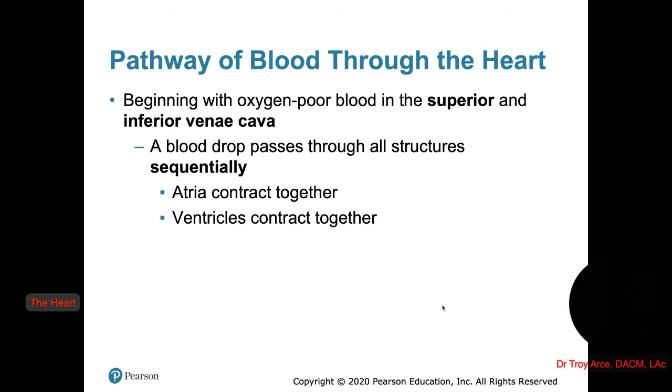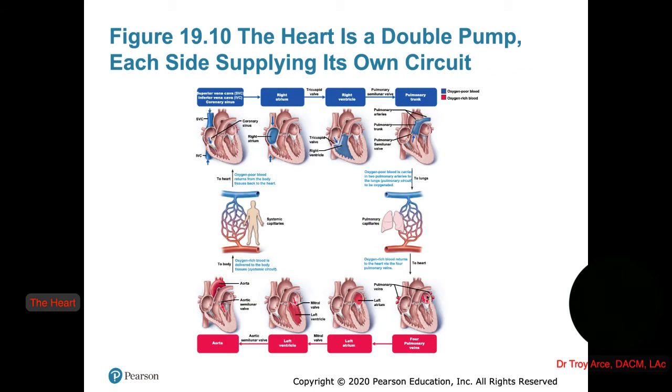So what you need to know about this slide is that it begins with oxygen poor blood in the superior and inferior vena cava, returning from different portions of the body. So the heart is a double pump, and each side is supplying its own circuit. So this slide demonstrates the superior vena cava and inferior vena cava.